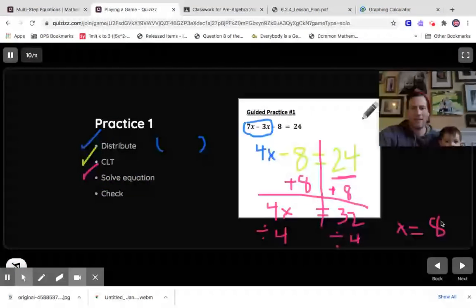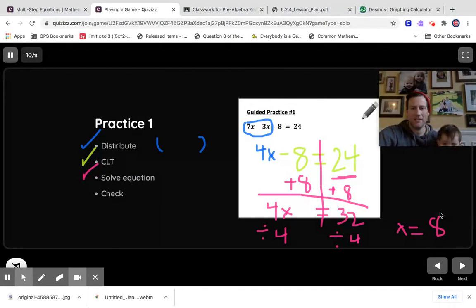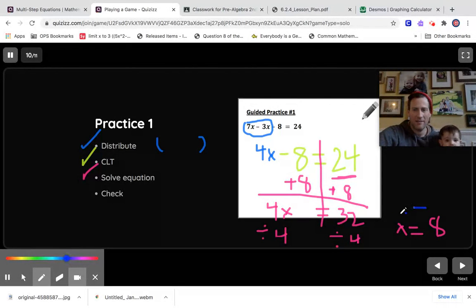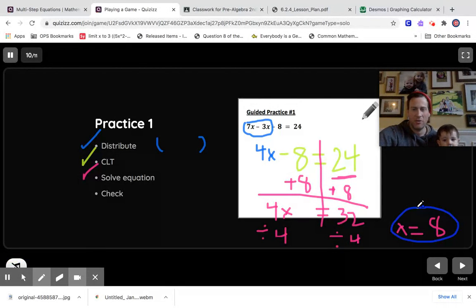I can put it into this one, or I can put it into here, but I'm going to put it in the original. So everywhere I have an x, I'm going to put in 8. So I'm going to do 7 times 8 minus 3 times 8 minus 8 and see if it gives me 24.